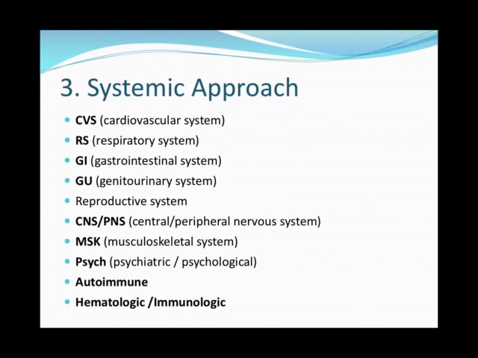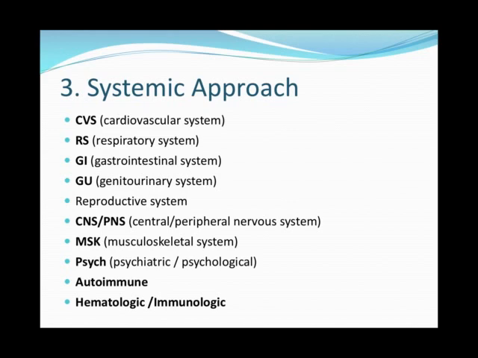So for the cardiovascular system, is there something like a heart attack or an aortic dissection that could be causing the patient's problem? Respiratory, could it be pneumonia? Or for cardiovascular, could it be heart failure?